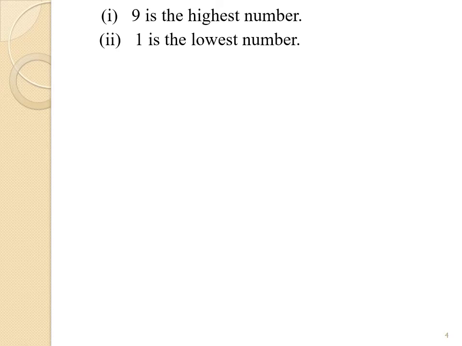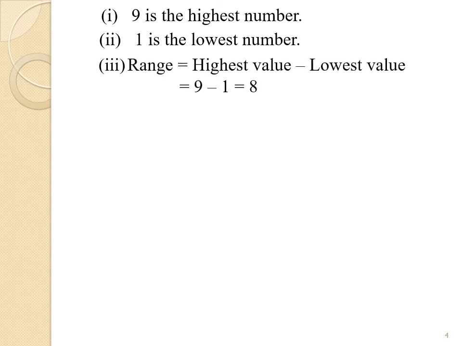Range equals highest observation minus lowest observation. Highest observation is 9 and lowest observation is 1. Thus, subtracting 1 from 9, we get 8. Thus, range equals 8.